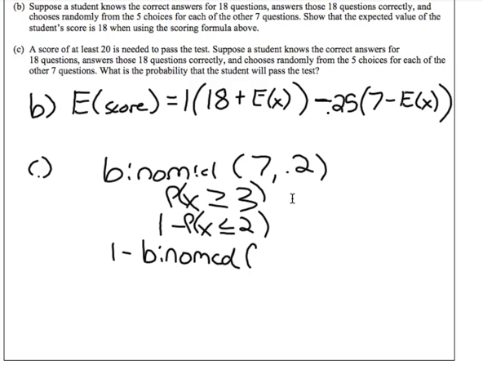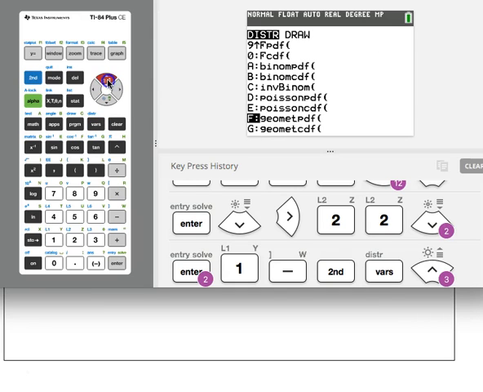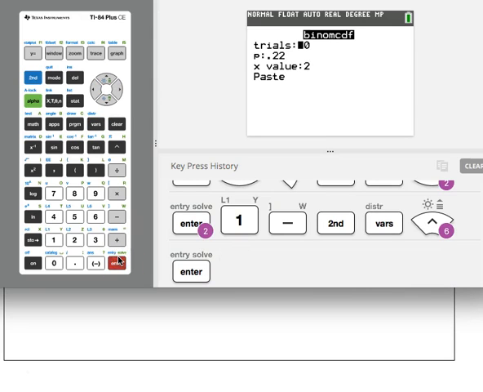So if we binom CDF that, again, we have 7 trials. Each one has a 0.2 chance of being right, and we need a 2 there. So 1 minus binom CDF. This time we only have 7 trials.